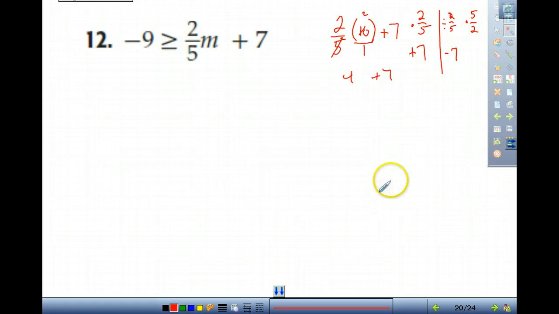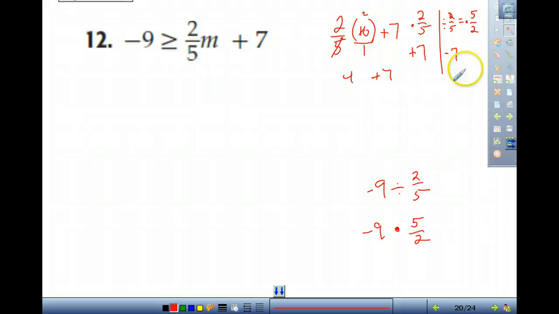So remember, if you have some number like 9 divided by 2/5, what would you do to solve that? You would say, oh, dividing by 2/5, that's the same as multiplying by 5 over 2. So a little bit tricky here. We can't just go exact opposite and say, oh, multiply by 2/5, divide by 2/5. So divide by 2/5 means to multiply by 5 over 2.